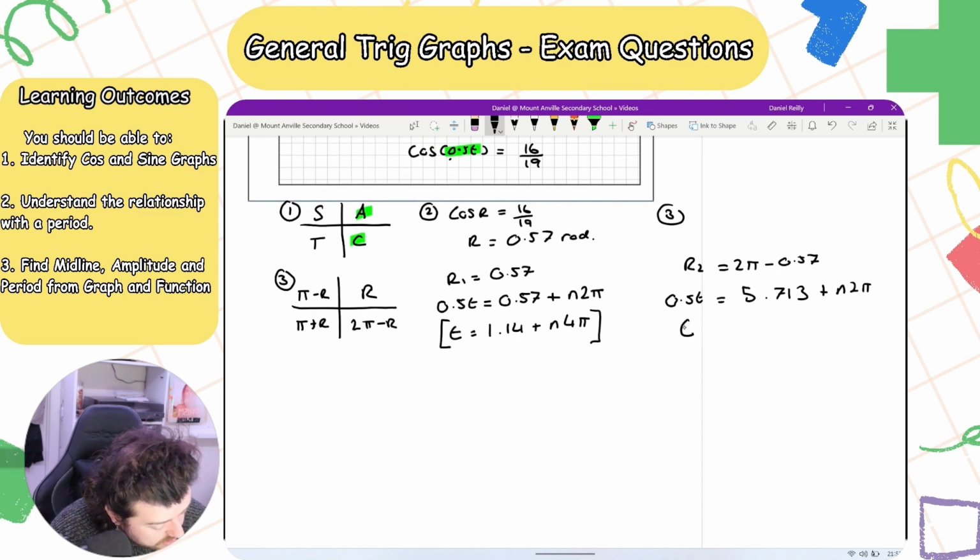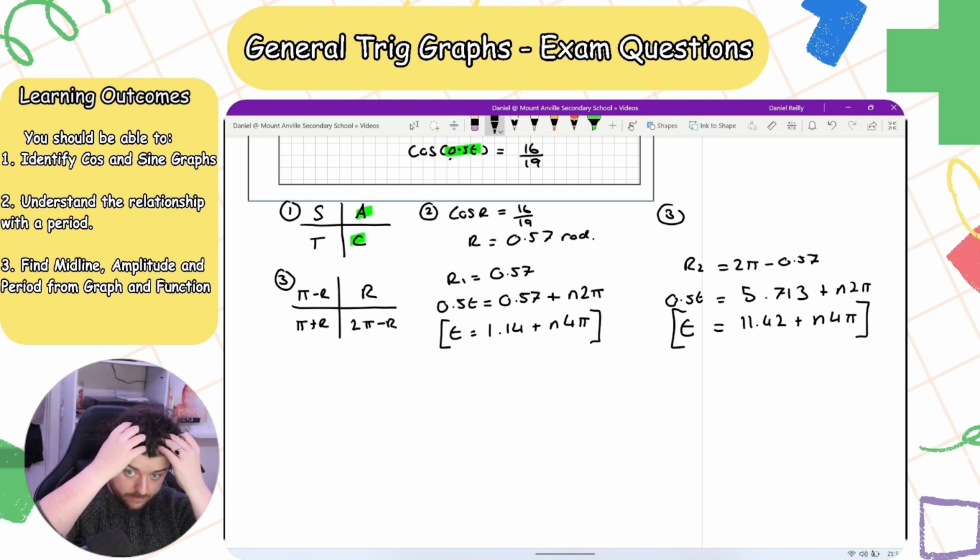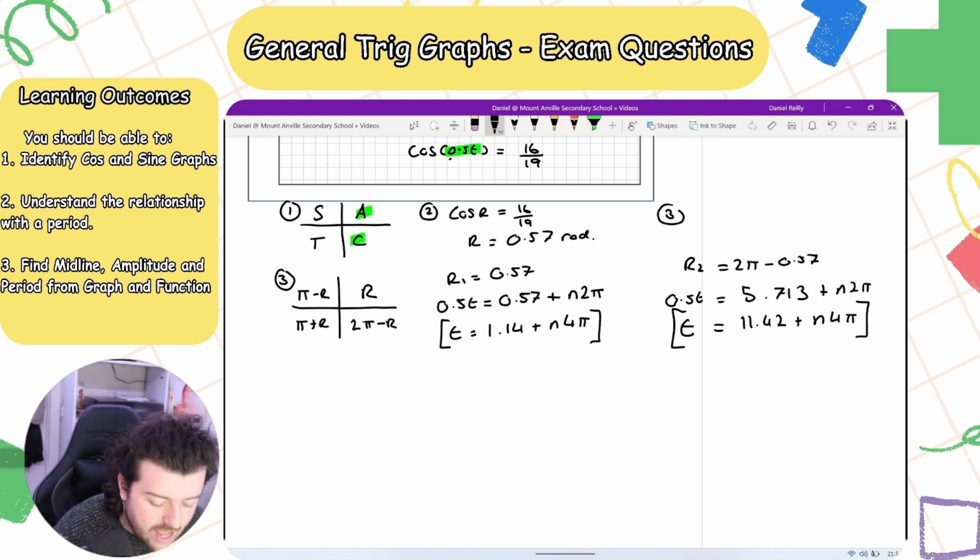So my general solution here, multiply both sides by 2 or divide everything by 0.5, t is equal to 11.42 plus n4 pi. So now I have my two general solutions. Now I want to find out possible times within the day.